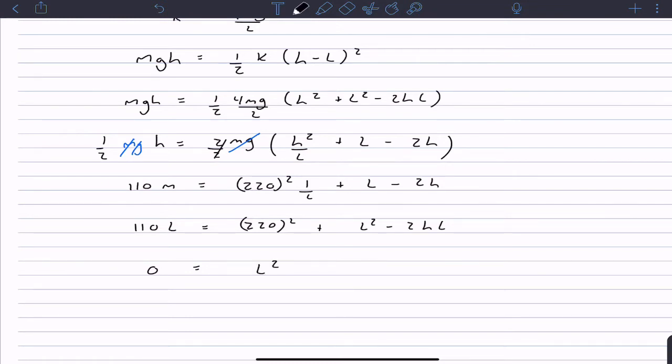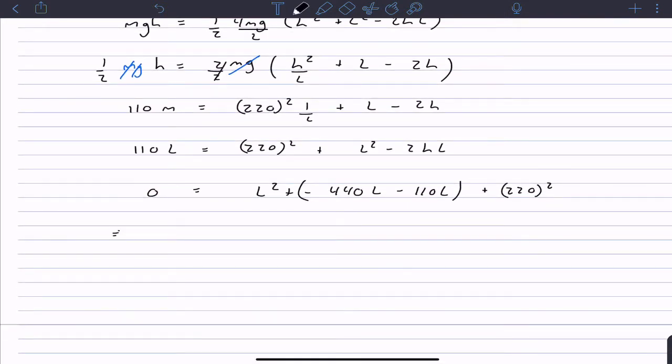L squared minus 2hL, which is actually going to be 440L because the h was 220, minus 110L plus 220 squared. So that leaves us with a quadratic equation that we can actually solve: L squared minus 550L plus 220 squared.